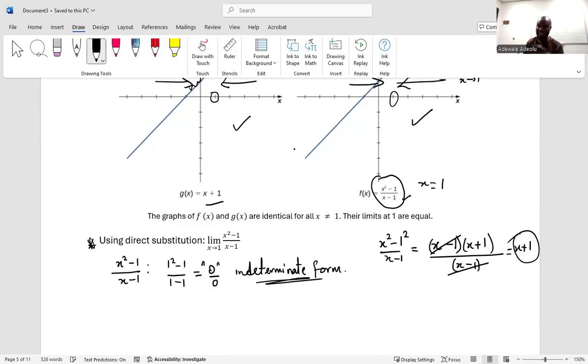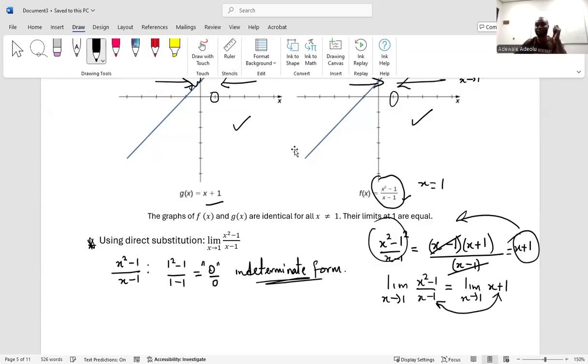That was how we found that g of x that is identical to this. And now we claim that the limit as x goes to 1 of this function will be the same as the limit as x goes to 1 of this function, because we are able to find a function that is identical to it.